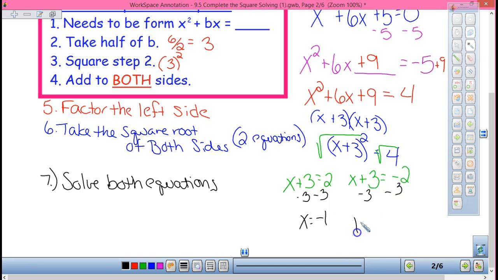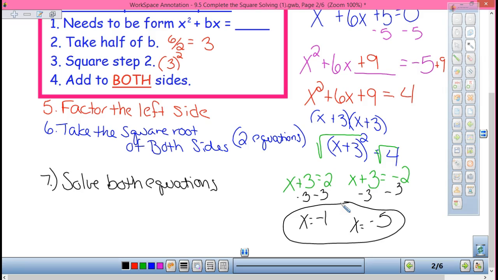Subtract 3, x equals negative 5. So our two answers are negative 1 and negative 5. It is a long process. It gets shorter once you get used to it. Once we do a couple more of these, you'll be like, oh, okay, I totally get this.